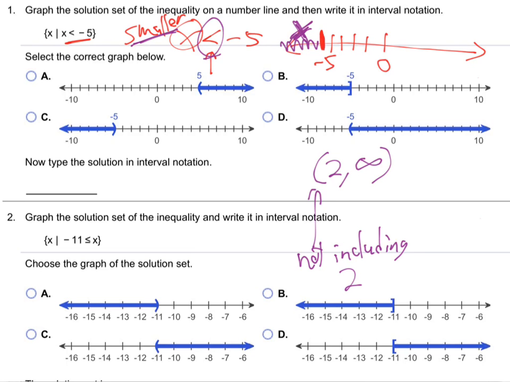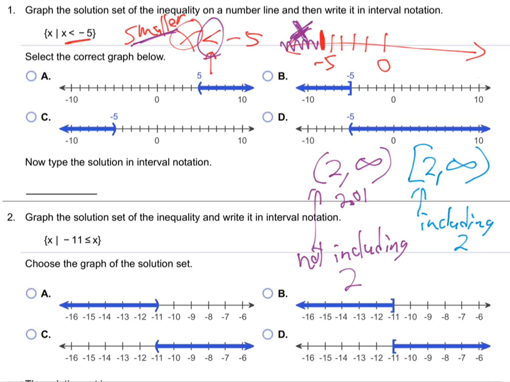Things just a little bigger than 2, like 2.01, are fine, but not 2 itself, not right on the 2. Parenthesis just means you're around the 2. Whereas if you put a bracket 2 to infinity, then that would mean including the 2 straight on.